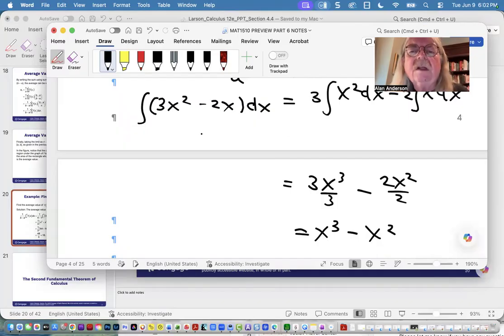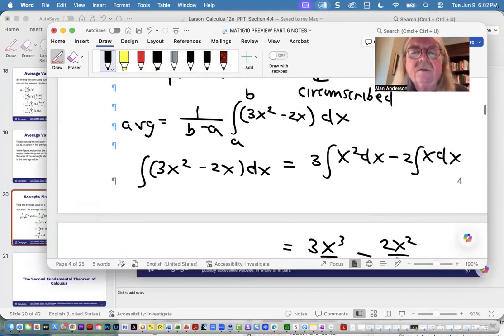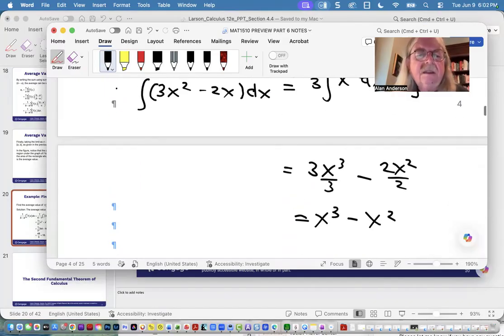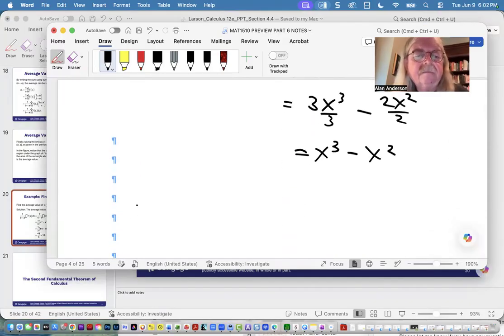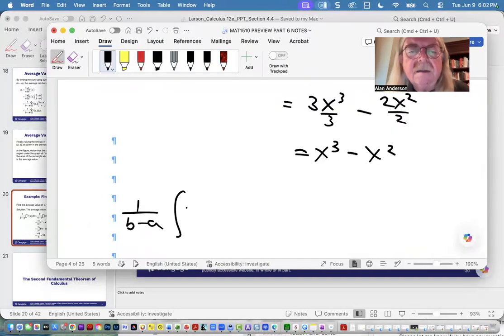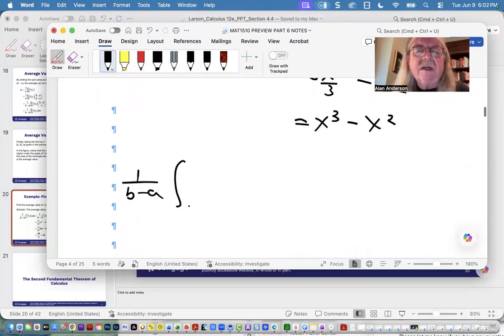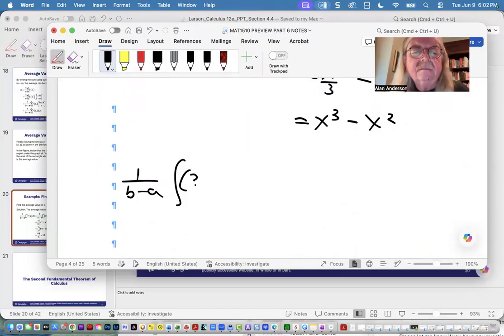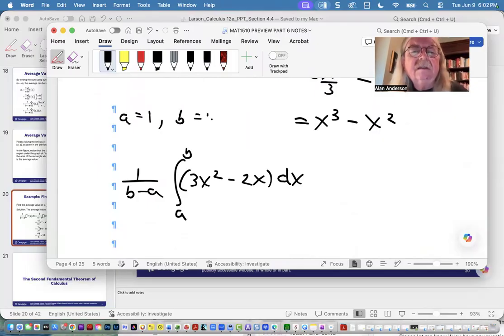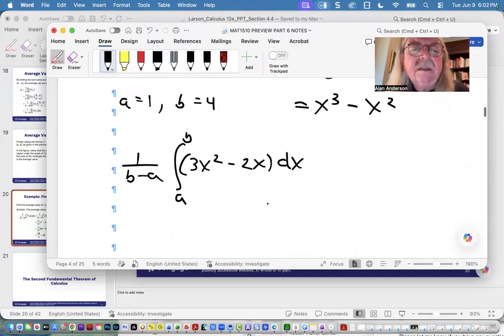Okay, so in other words, what we're going to end up doing is this. This definite integral here, let's write it down one more time: 1 over b minus a times the integral of 3x squared minus 2x from a to b, where a is 1 and b is 4.